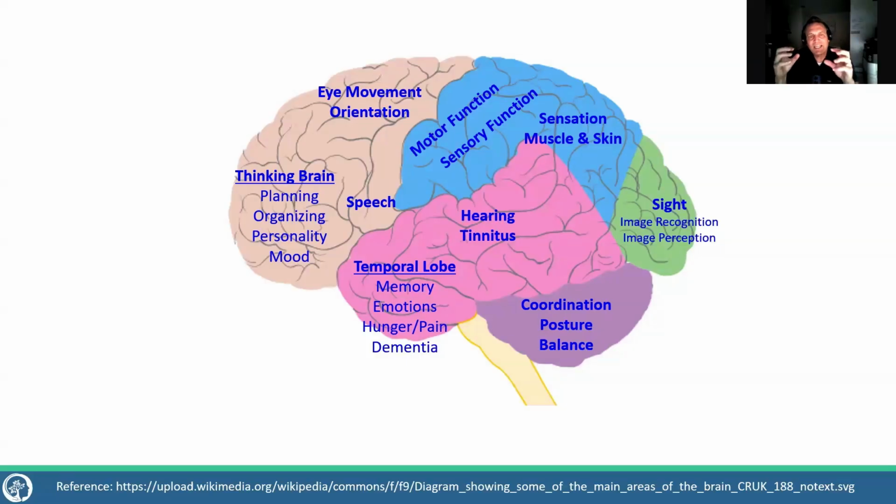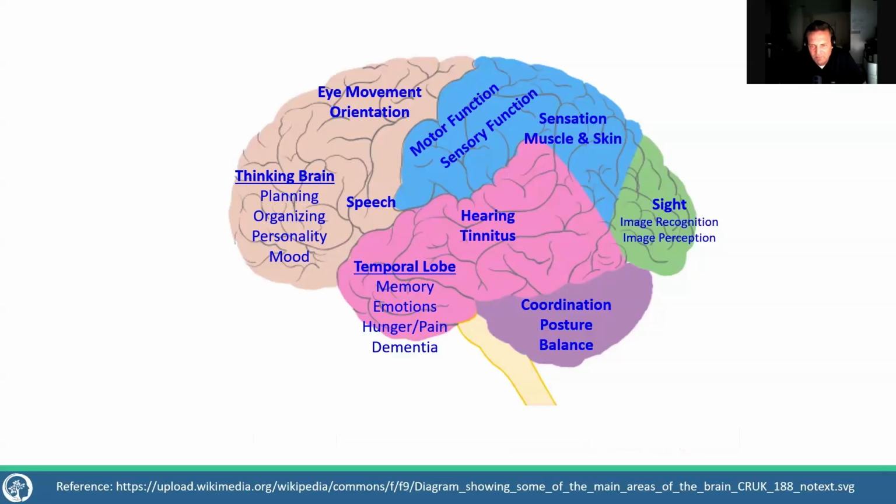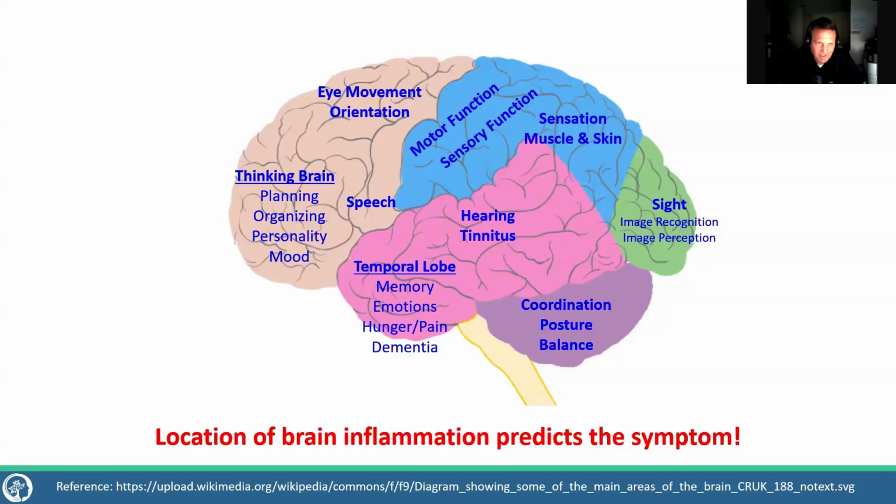That's how the brain is. Each one of these areas serves a different function. So the location of inflammation in the brain is a predictor of the symptom that you might experience when the brain gets inflamed. So let's take this thinking part of the brain right here, this frontal lobe.